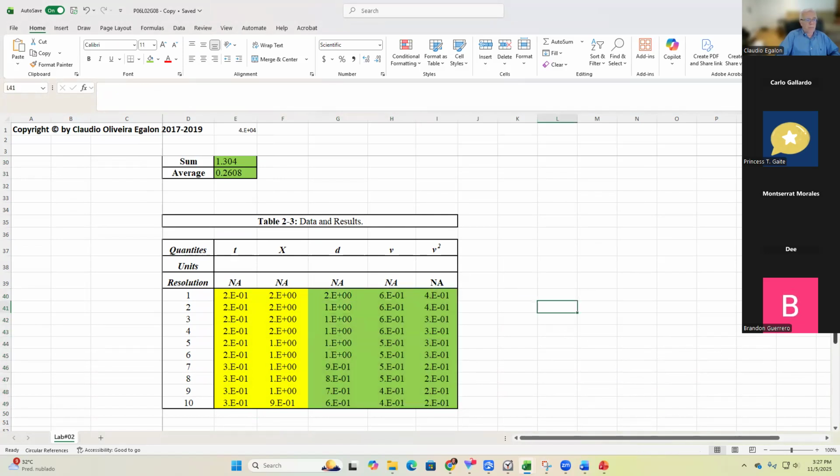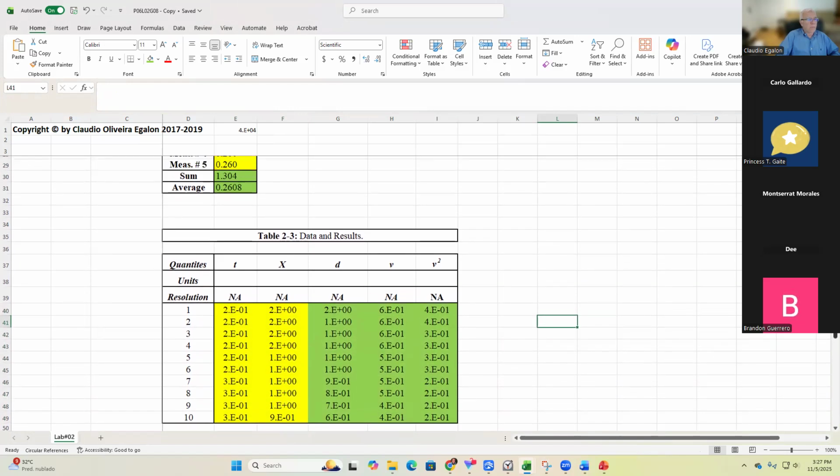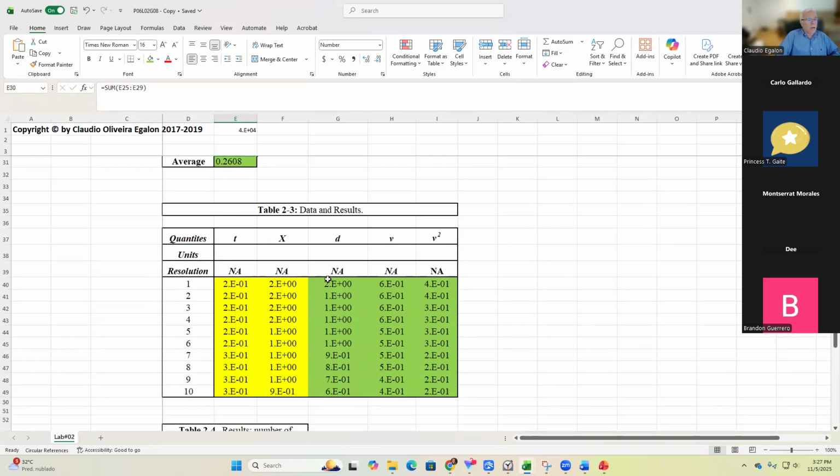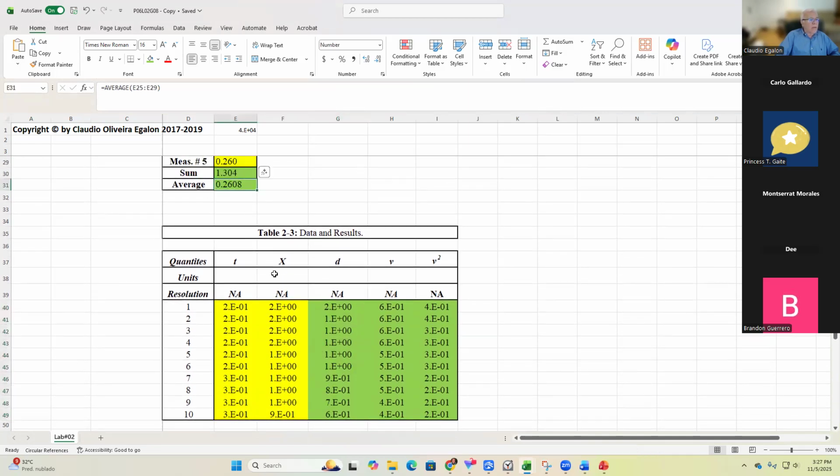See the difference? Right? This result is obtained by adding those 5 measurements. This result is obtained by dividing this previous result by 5, right? This other result here is obtained by subtracting this result from those measurements.